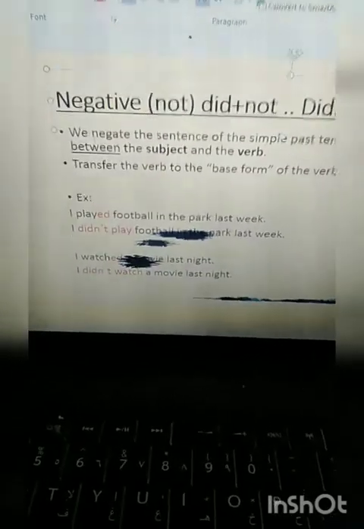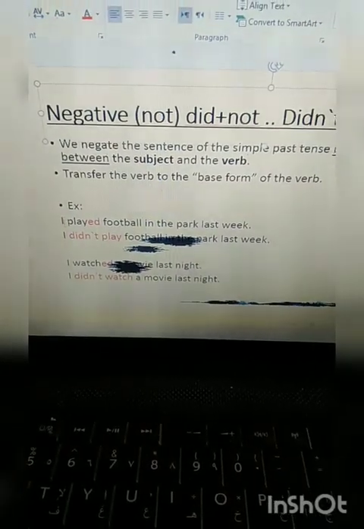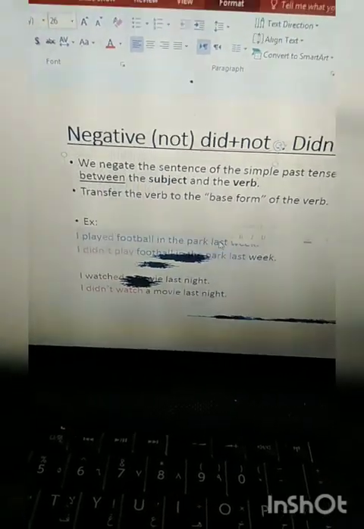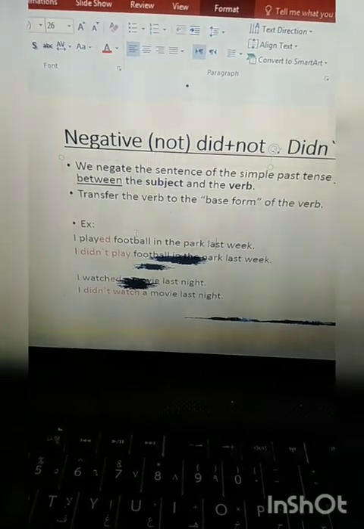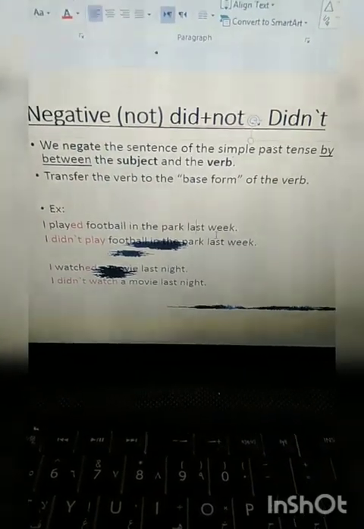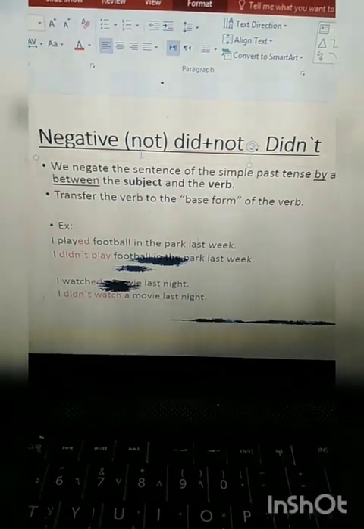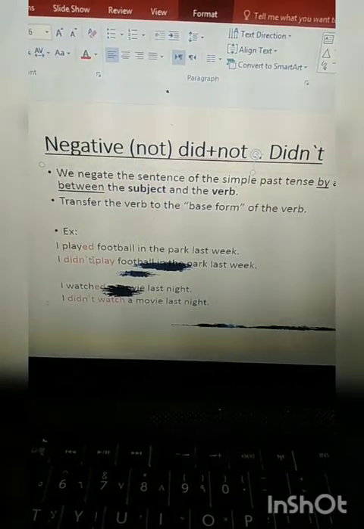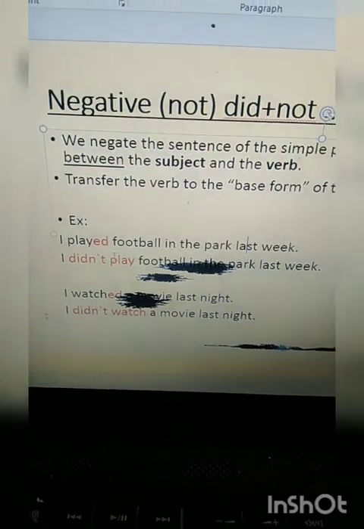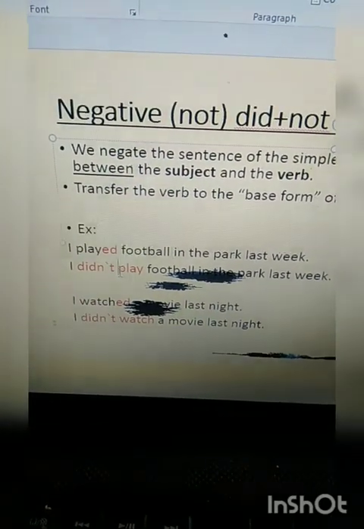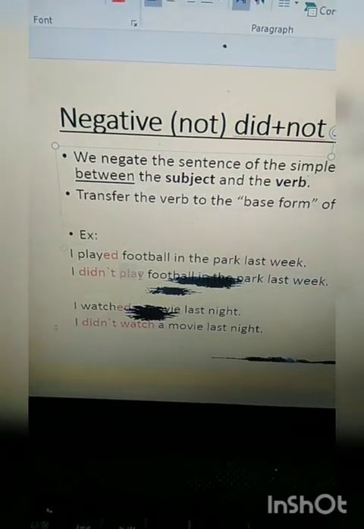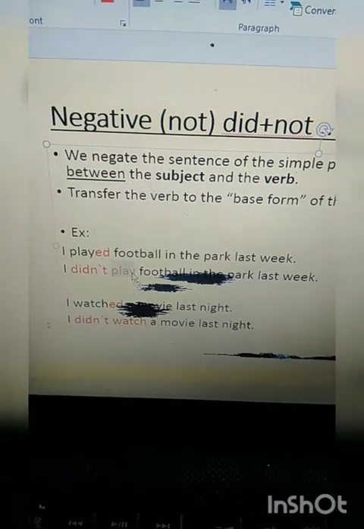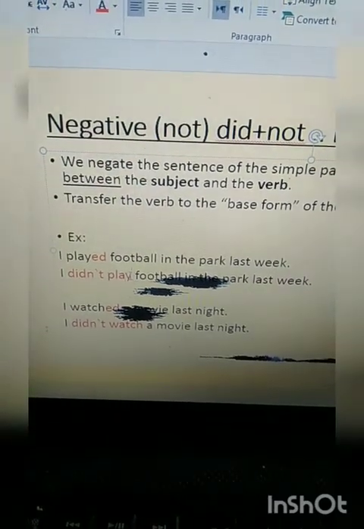Look at this example. I played football in the park last week. Negate the sentence. We said that we add the contraction didn't. We add didn't to the sentence and we change the verb from the past form to the base form of the verb, so played becomes play.